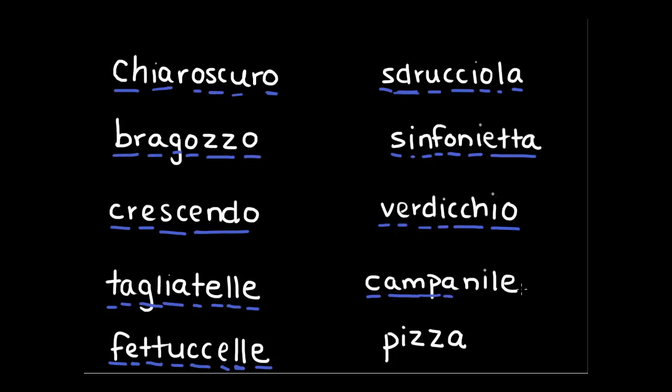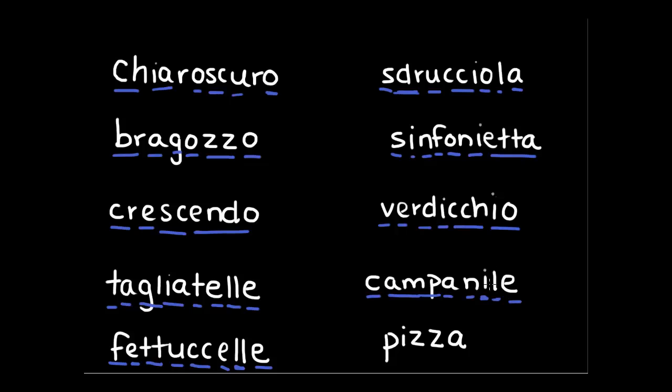That's campanile. Figure out the campa part, and the N is normal. And then the I here, it's a long E sound, which is going to be I usually in the middle of words. Right here, L is normal. But remember, the E sound, just like here, occurs at the end of the word. And at the end of the word, it can be either an I or an E. And here, it's E. So, you sort of have to know the word in order to know that this is an E. But remember, if the sound occurs in the middle of the word, it's going to be an I most of the time.